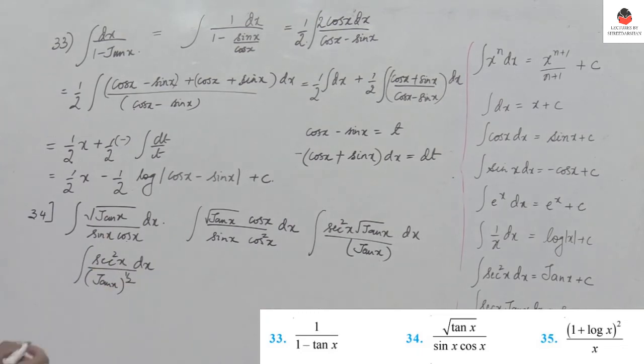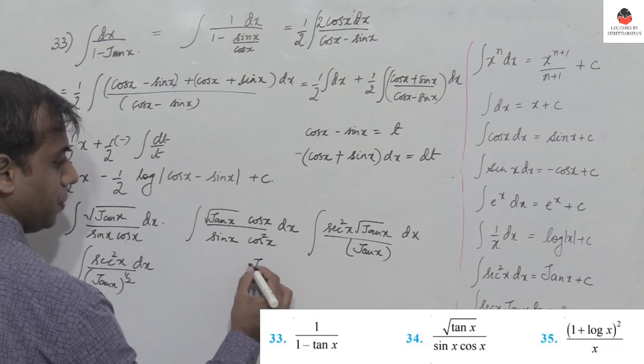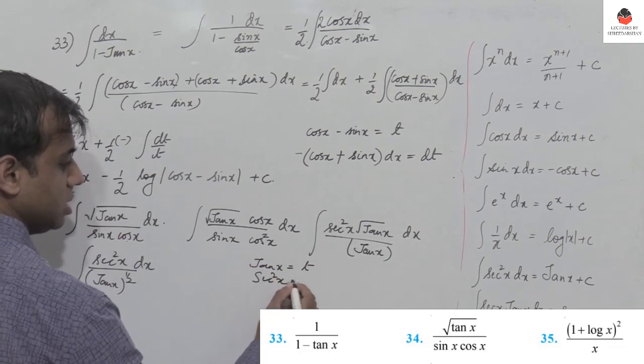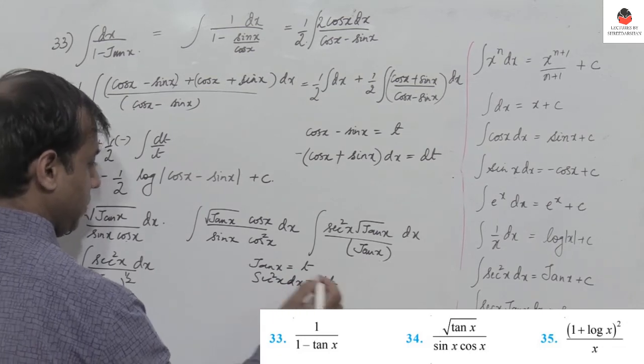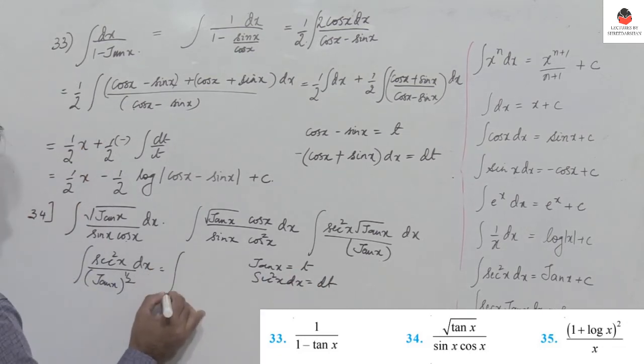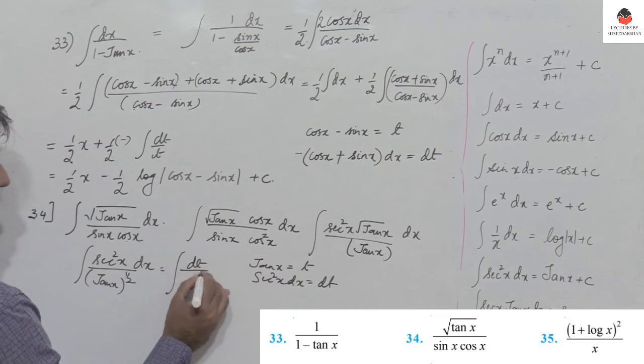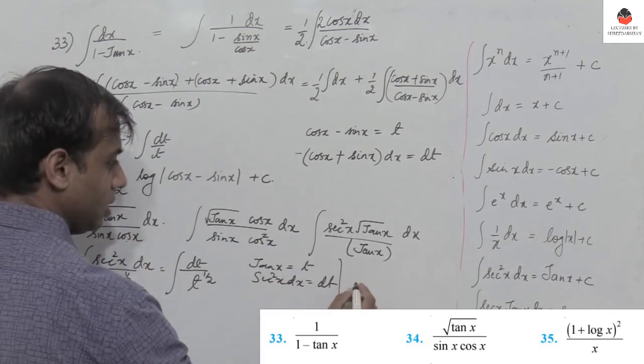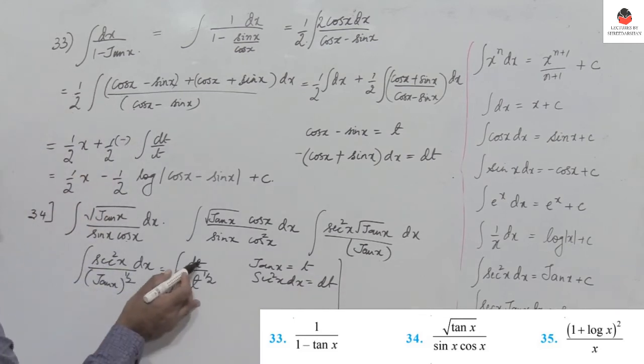So now you know what to do. Put tan x equals t. So tan x equals t, secant squared x dx is equal to dt. So here we get dt divided by t to the power 1 by 2. So if I integrate this, what do I get? I bring t to the power half to the numerator, it becomes t to the power minus half.